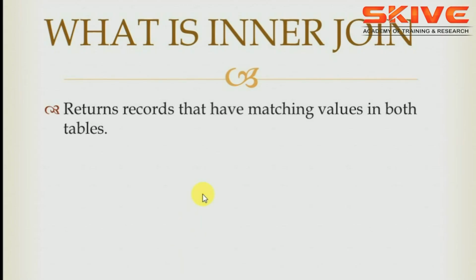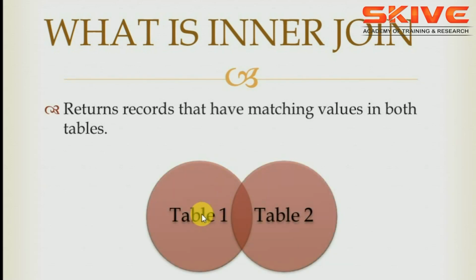So now finally we are going to discuss inner join. In an inner join, the records matched in both tables are merged. Let me show the graphical representation. Table 1 and table 2: in table 1 we have 10 records, and in table 2 we have 10 records. The records matching in table 1 and table 2 are merged, that is inner join.